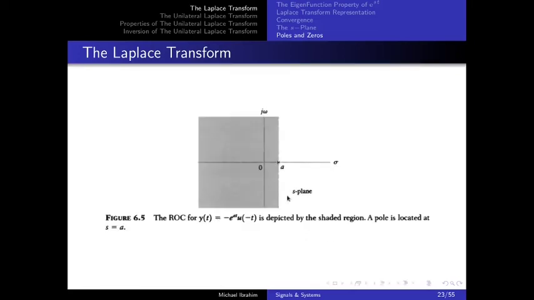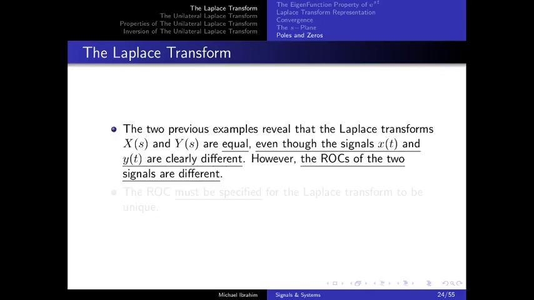And this would be the region of convergence, left part, or sigma less than a. Again, it's a left-sided signal, so we have a left-sided sort of region of convergence. And these kinds of observations will help us a lot when we are doing the inverse Laplace transform, as we're going to see later on.